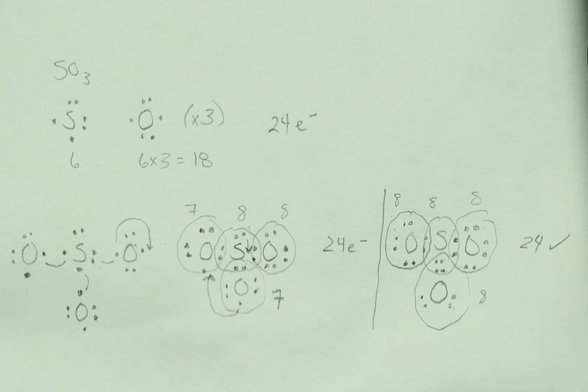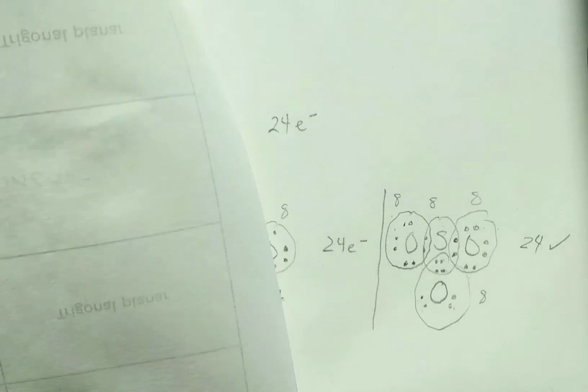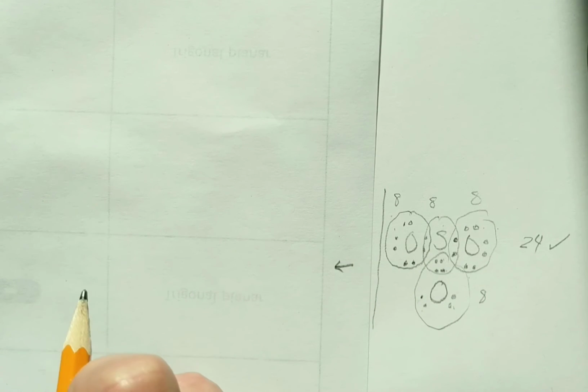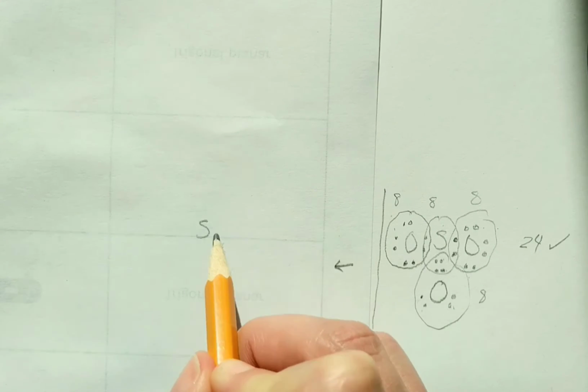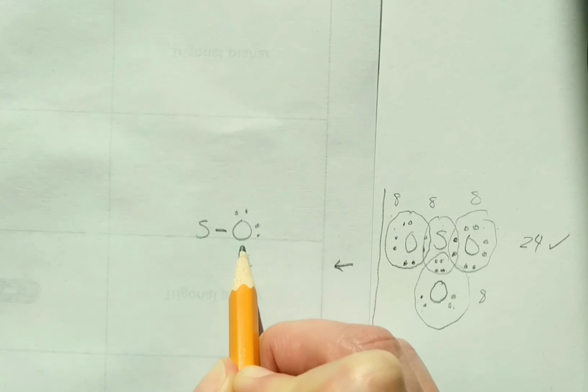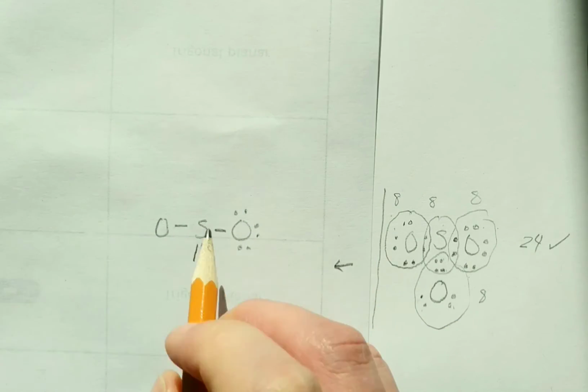All right. So now, let me just write the final formula right over here. And we're just going to replace the shared electron pairs with lines. I'll draw in my dots in a minute.